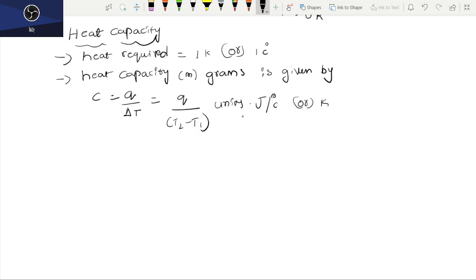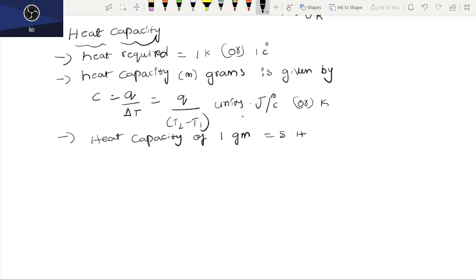Heat capacity of 1 gram of a substance is called specific heat, or specific heat capacity.